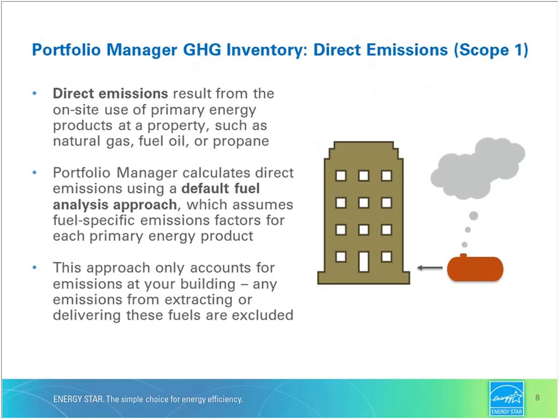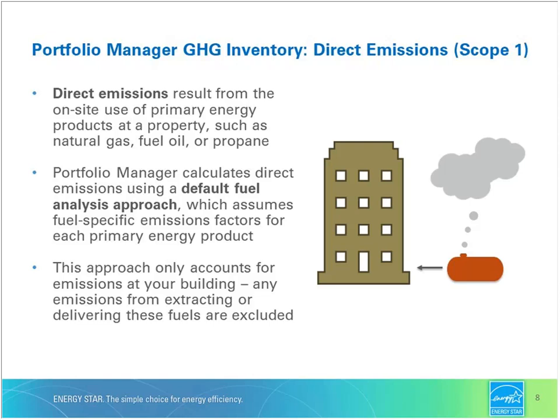Direct emissions, which are also known as Scope 1 emissions in greenhouse gas accounting terminology, these are emissions that result from the on-site combustion of primary energy products, such as natural gas, fuel oil, propane, diesel, etc. Basically, if you purchase the raw fuel and that raw fuel is combusted on site in order to deliver services to your building, that would be considered a direct emission.